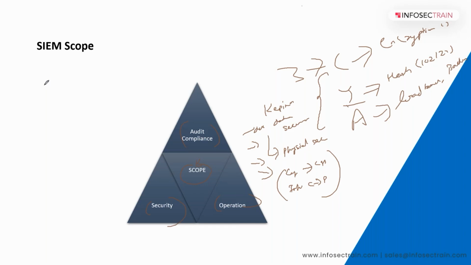Operation focuses on device management, like your hardware and software, how to maintain them, and the troubleshooting process. These three major factors need to be considered when deriving a scope for a SIEM implementation.